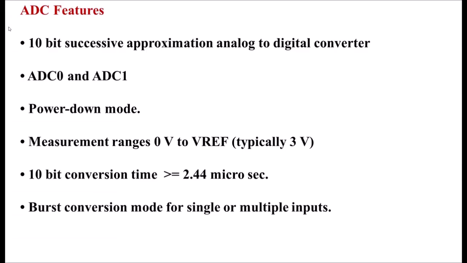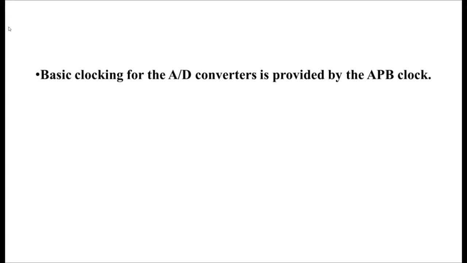The burst conversion mode is also available for single or multiple inputs, so we can continuously apply input and the ADC can convert it into digital output. The basic clock used for the AD converter is provided by the APB, that is the Advanced Peripheral Bus.